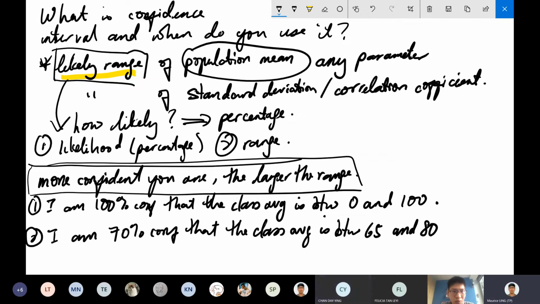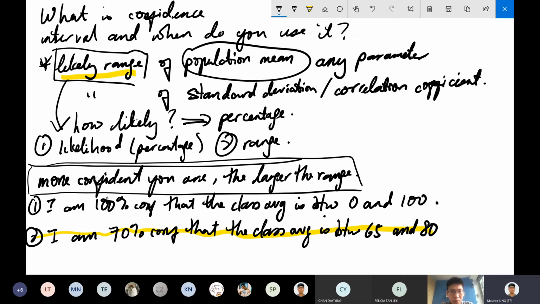Statement 1 or statement 2? Statement 2. Obviously, statement 2 is more useful, because with statement 1 you already know your average marks will definitely be between 0 and 100. So statement 1 is actually oxymoronic.